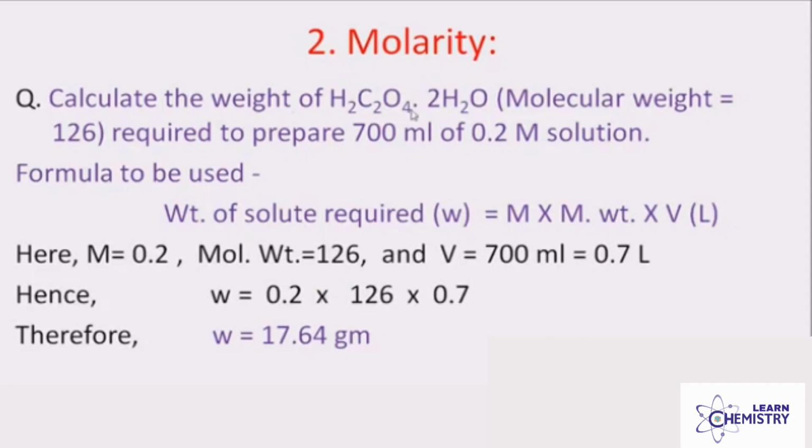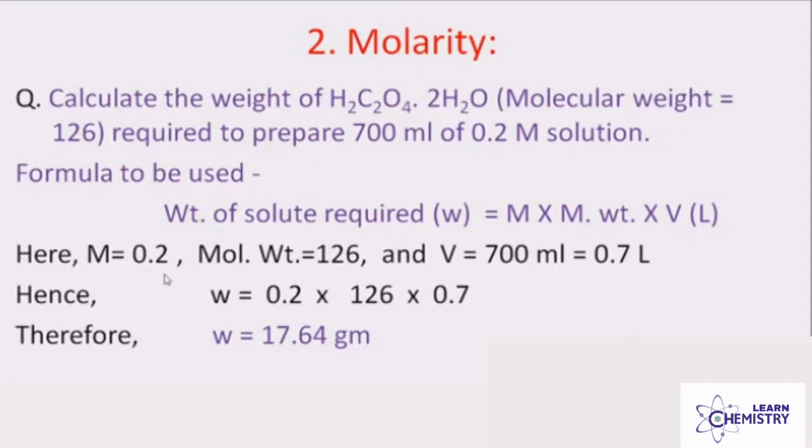Calculate the weight of oxalic acid, molecular weight 126, required to prepare 700 ml of a 0.2 molar solution. So the formula to be used, that is weight of solute required, is equal to molarity of solution into molecular weight of solute into volume in liters.